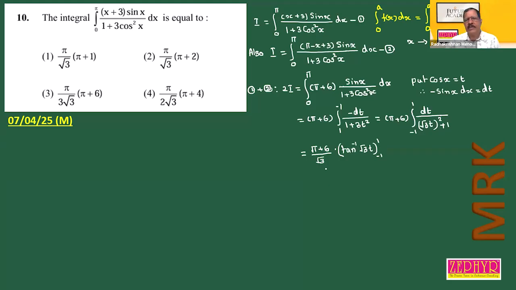Pi plus 6 divided by root 3, t the coefficient root 3, into tan inverse root 3t in between minus 1 and 1, which is equal to pi plus 6 divided by root 3 into tan inverse root 3 minus, again, tan inverse minus root 3.